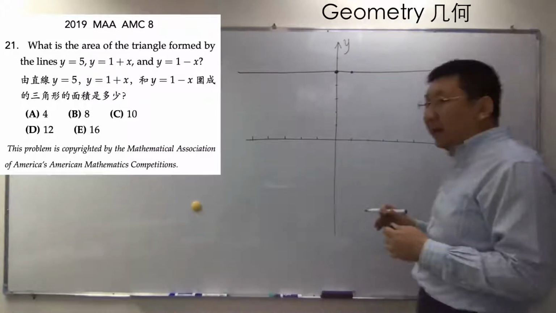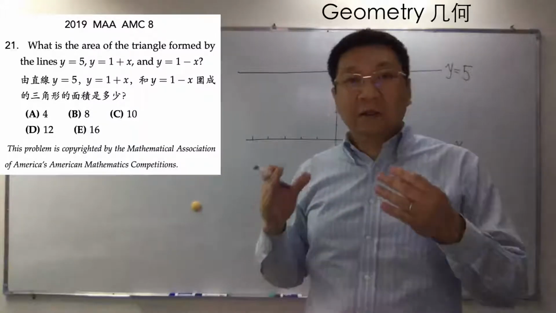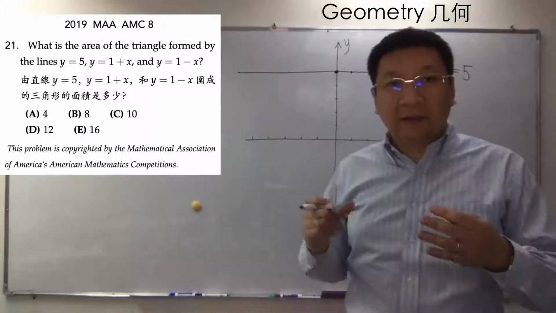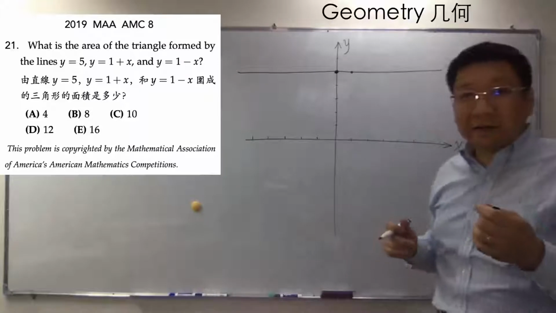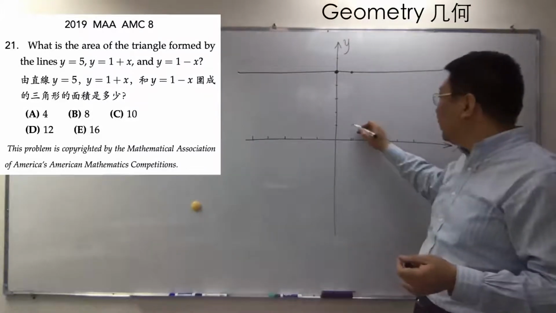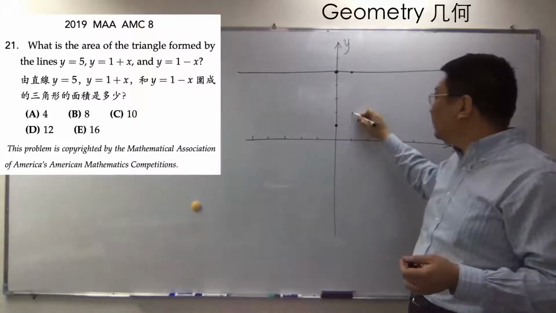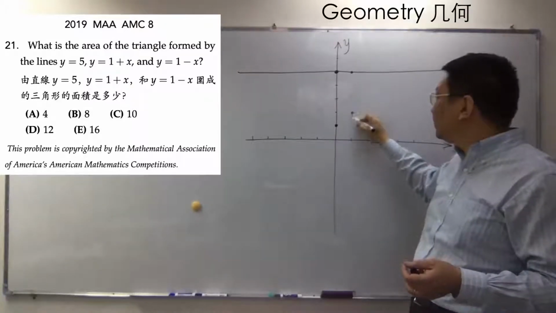Now we can apply the same technique to draw the other lines, in which to determine a line, we only need 2 points. Let x equal 0. Then in the line y equals 1 plus x, y would be 1. Let x equal 1, then 1 plus x is 2, so y is 2.